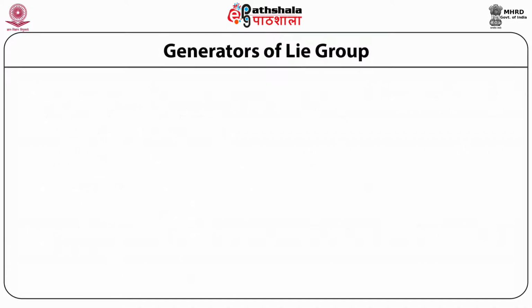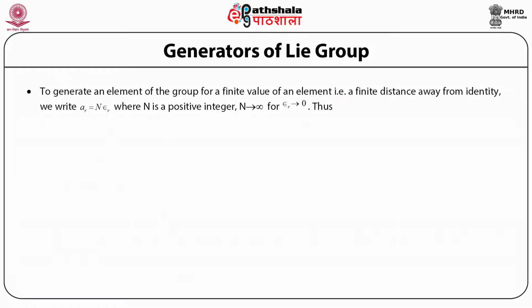So having defined the generator, if you want to generate an element of the group for a finite value, our aim is to generate elements of the group for a finite value of the parameter, not for an infinitesimal value. So we want to generate an element of the group that is a finite distance away from the identity. Suppose we want to generate an element for the parameter a r, which can be generated by multiplying the infinitesimal value epsilon r by n, that is, a r is equal to n epsilon r, where n is a positive integer.